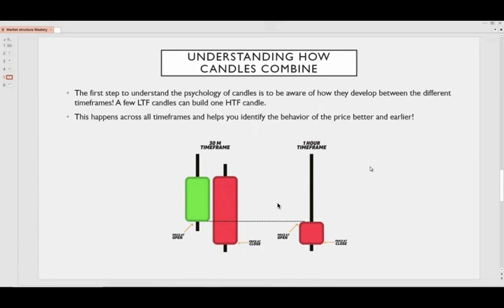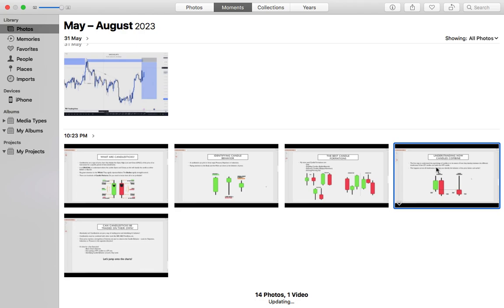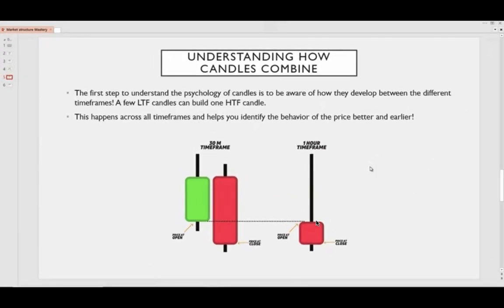If you go to the 30 minutes time frame, it's going to be 2. Now, this thing means that if you go to the 30-minute time frame, this candle has another bullish candlestick inside of it.